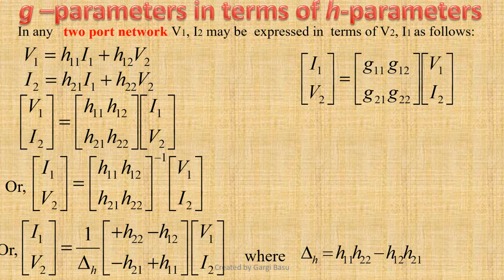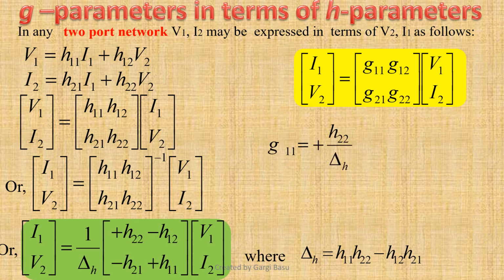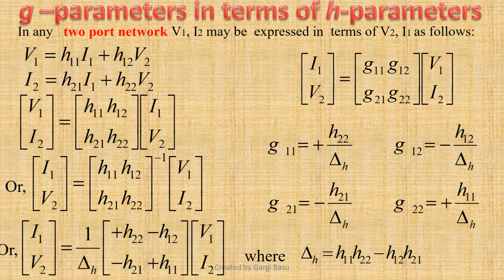By comparing these two sets of equations, we get G11 equals H22 by delta H and G12 equals minus H12 by delta H. G21 equals minus H21 by delta H and G22 equals H11 by delta H. Now we have obtained G parameters in terms of hybrid parameters.